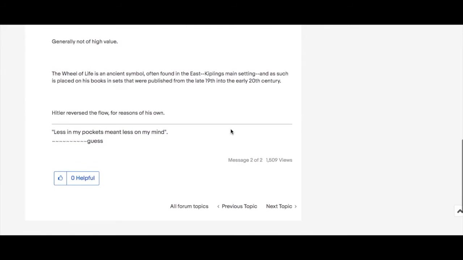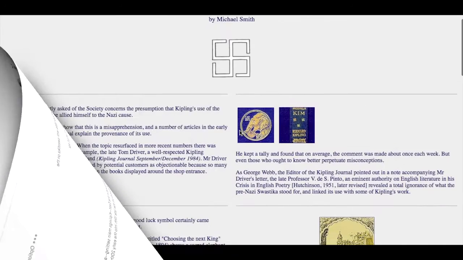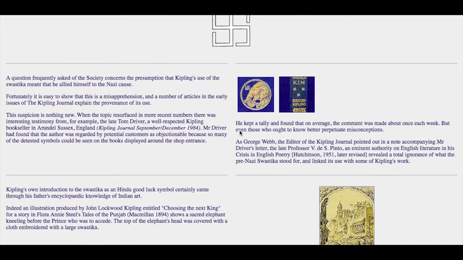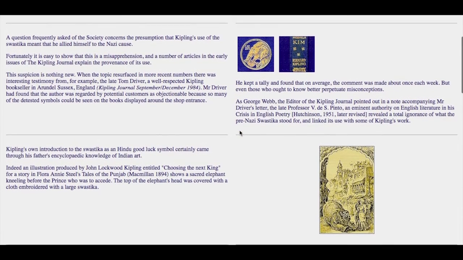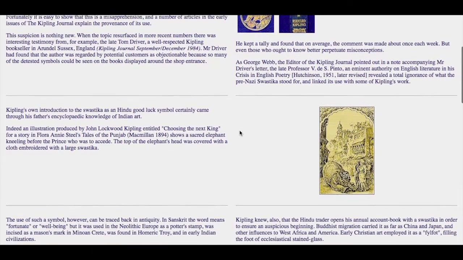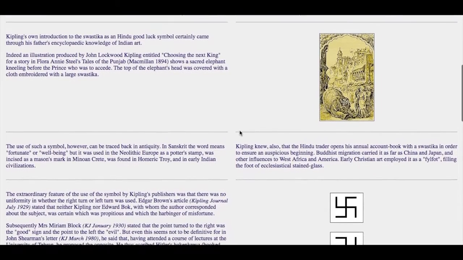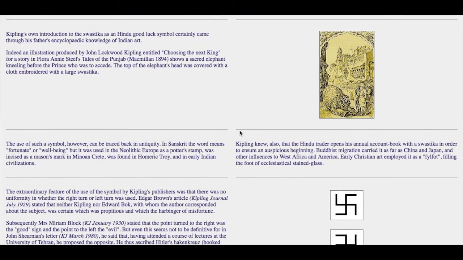Both the clockwise and counterclockwise versions of the symbol appeared on his works because neither Kipling nor his publishers appeared to know which one meant good luck. Alongside the swastika, he frequently used elephant head imagery, an homage to the Hindu god Ganesha as well as the lotus. Kipling himself despised the Nazis.